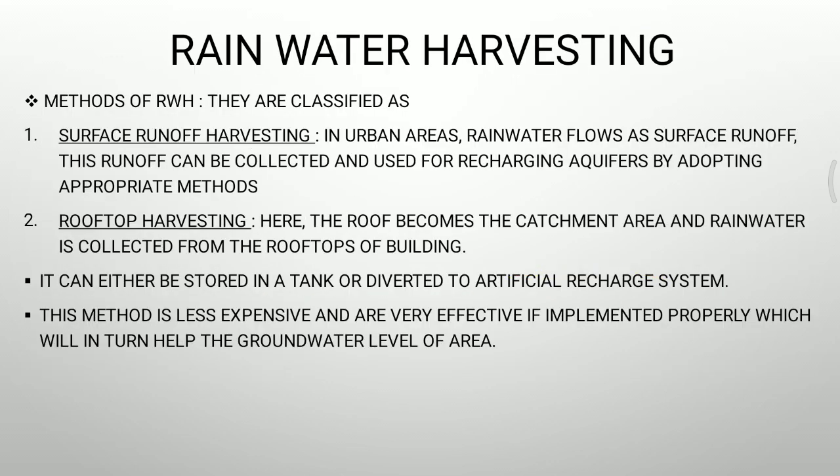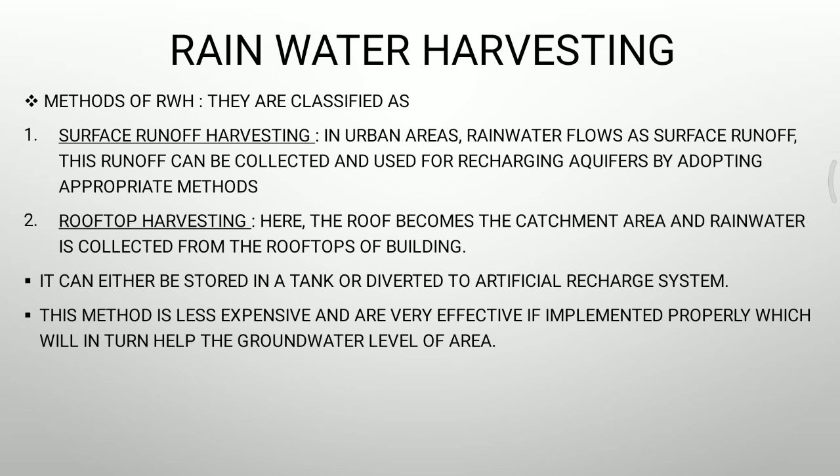So, methods of rainwater harvesting. They are mainly classified as surface runoff harvesting. In urban areas, rainwater flows as surface runoff. This runoff can be collected and used for recharging aquifers by adopting appropriate methods. So surface runoff will be directly collected as water and stored. Then rooftop harvesting.